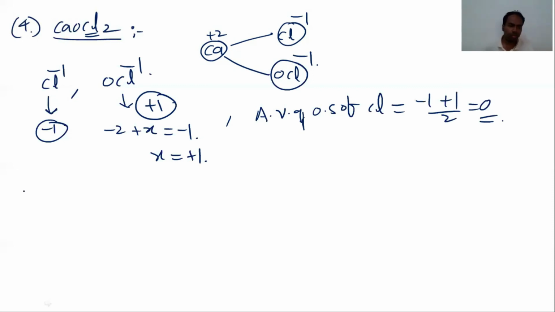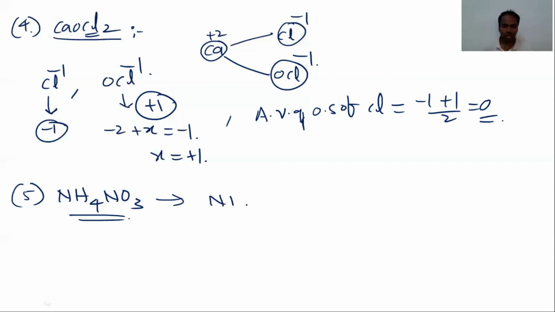One more, NH4NO3. Here also nitrogen shows two different oxidation states. This compound exists as ammonium nitrate, ammonium cation, always ionic form, and NO3-. So two ions are there. In NH4+, what is the nitrogen oxidation state?